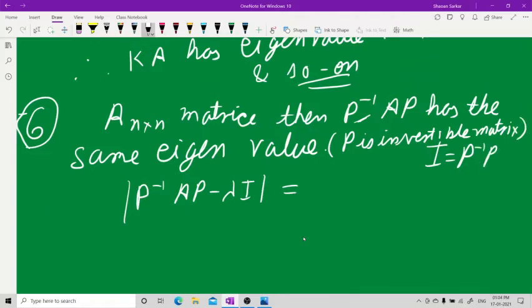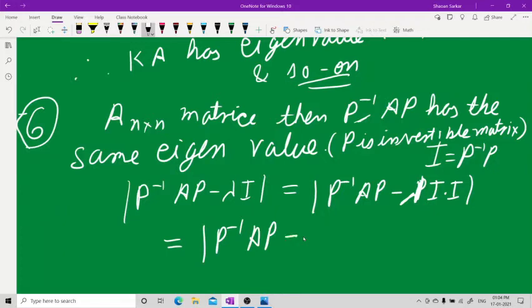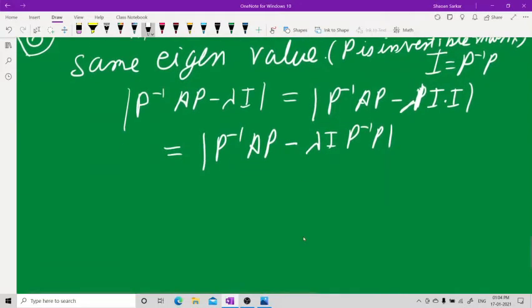So I write P inverse AP minus lambda I P inverse P. Now I write P inverse AP minus P inverse, in the middle I put lambda I, and I put this P here.